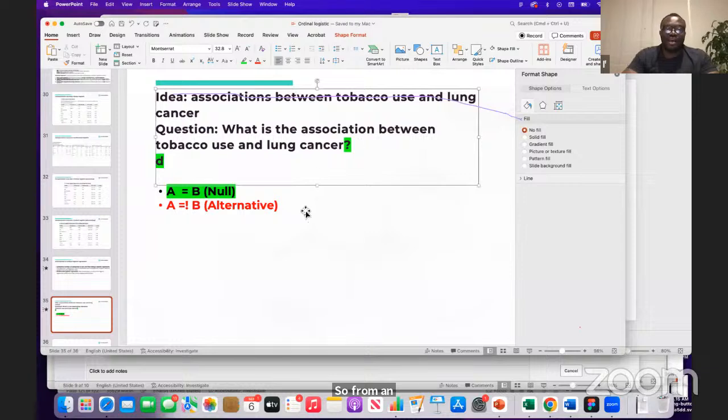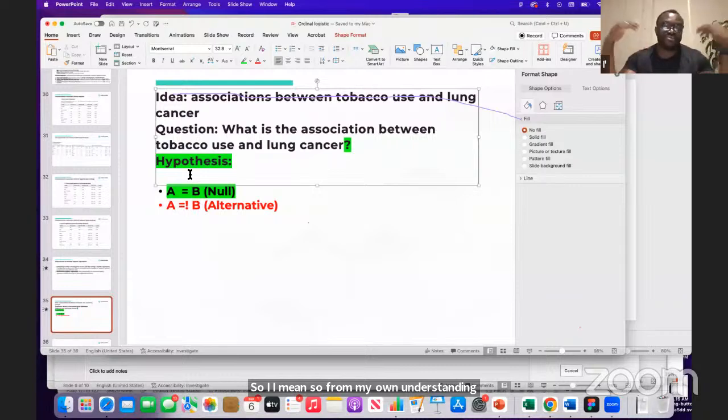Now, our hypothesis is our well-informed, educated guess of the direction the study will take. From my own understanding, based on the things I've seen and the literature I've read, I can make a guess as to where I think the result will go.